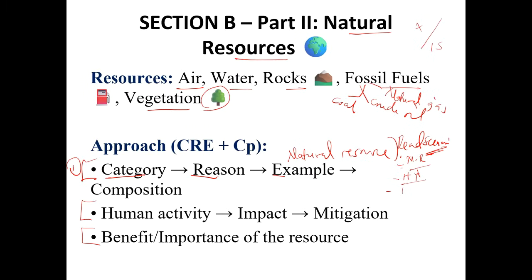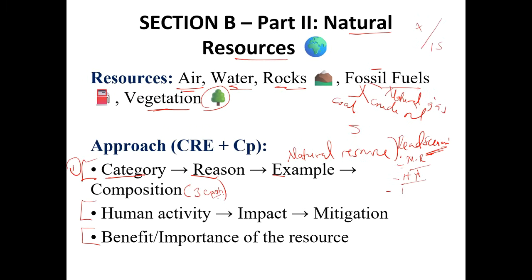We need at least 3 components. So look for the 3 components of air. I believe you know them. For water, look for them. Rocks, look for them. Fossil fuels, look for them. Vegetation, do the same. Are we there? Now, that is our first paragraph.